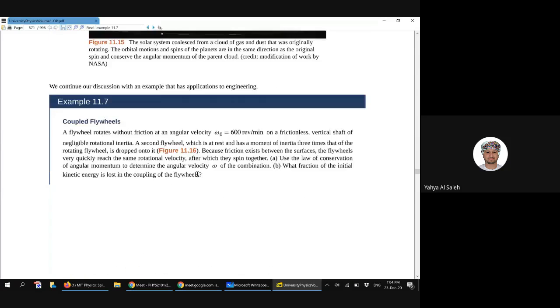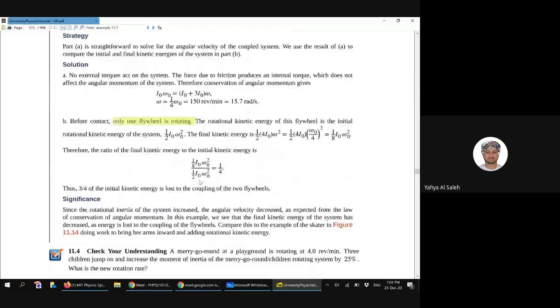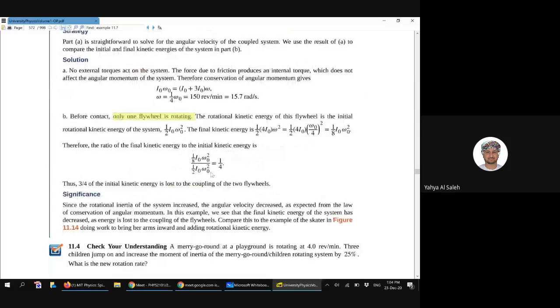Okay, so part B says, how much kinetic energy did we lose because of what happened? Well, the rotational kinetic energy before was half I omega squared, right? The final kinetic energy is still half I omega squared, but now I has changed and omega has changed.